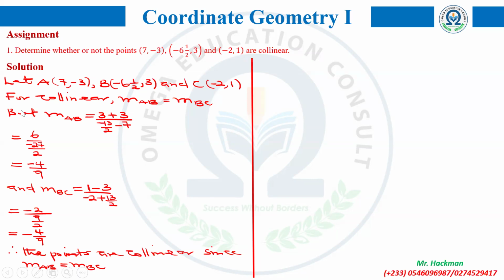And what will be the condition for collinear? The gradient of the line joining AB should be equal to the gradient of the line joining BC, the adjacent points. And I told you that, in terms of notation, we cannot use a capital letter to represent a gradient. If you do that, I will underline.